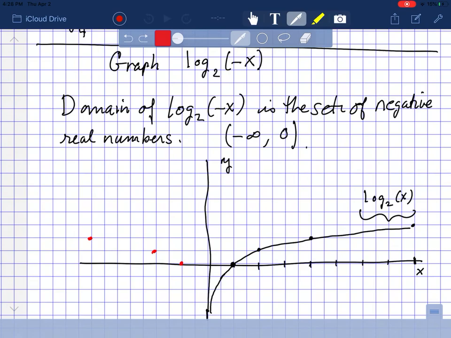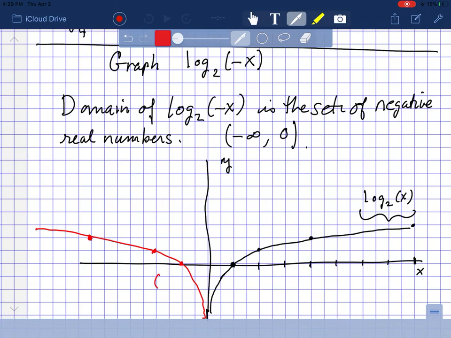I think it goes on a little bit further here, but I can't get that on my graph, so we'll just do this.